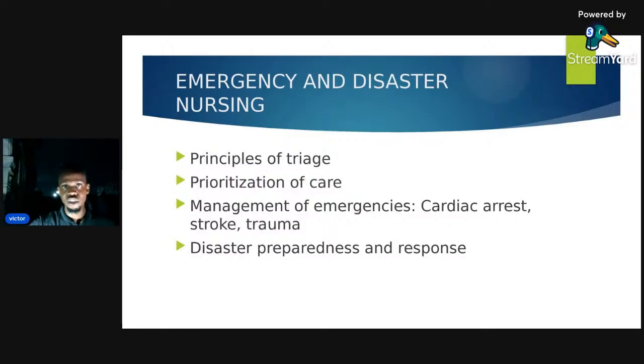So, management of emergencies: cardiac arrest, stroke, trauma. How do you manage cardiac arrest? You either give CPR, that's cardiopulmonary resuscitation. There is a way you carry that out in order to prevent injury or trauma to the sternum or the ribs. Don't apply excess pressure, otherwise you might damage the ribs.